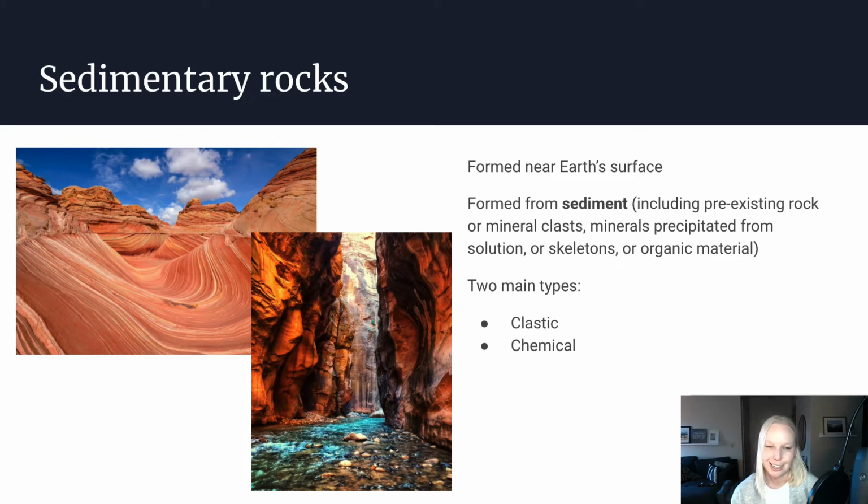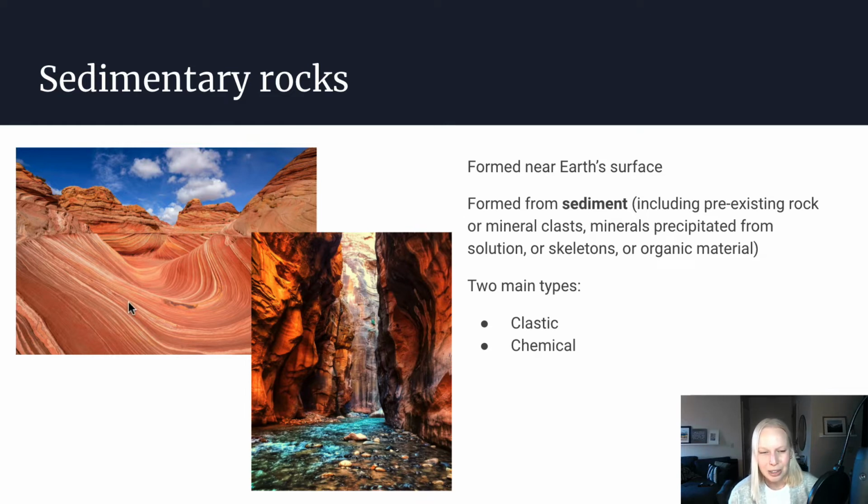There are some really nice pictures here to give you an idea of what sedimentary rocks look like out in the wild. This picture on the left here is in Arizona. This is a famous place for photographers to go called The Wave. And it's really beautiful, and you can see some really excellent sedimentary structures here, including bedding and cross bedding, which we'll get into in another video, but just sort of teasing a future lesson.